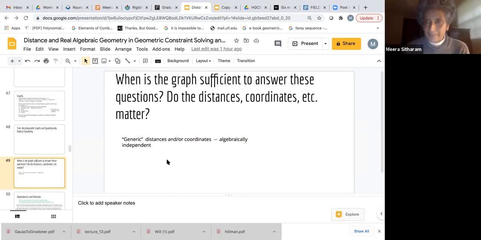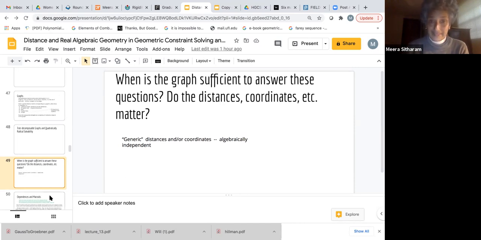So you already have that idea in your mind that you can answer some of these questions at least based on just what the graph looks like. We'll go into more detail about what generic means, and when the question can be completely answered using only the graph, and when you need some other information, as we proceed.